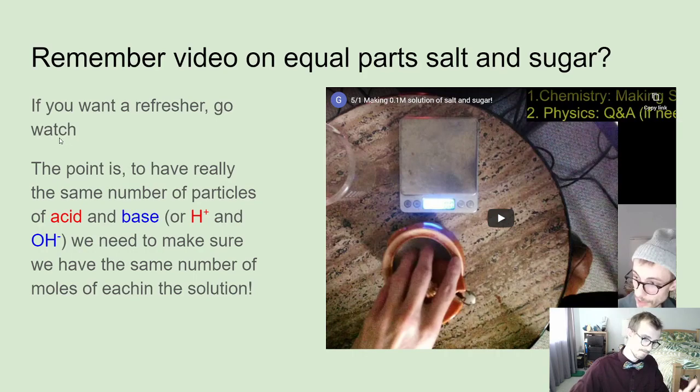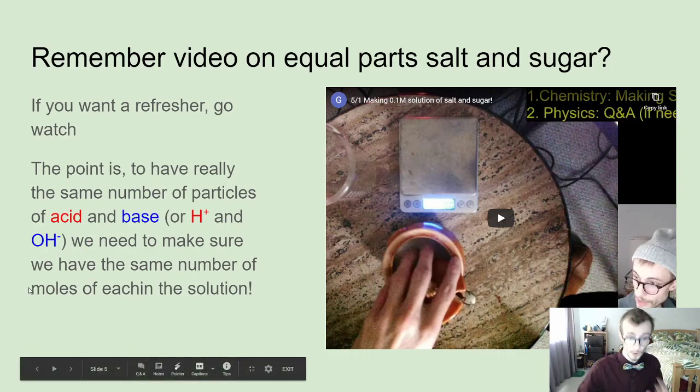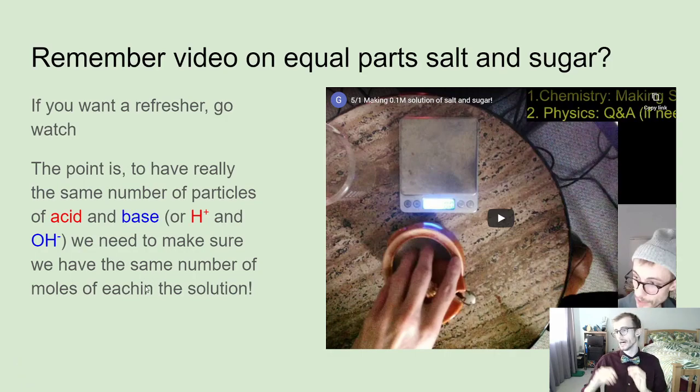But if you just want the main point, essentially, in order to get the same number of particles of acid and base, so I want the exact same number of H pluses and the exact same number of OH minuses, we have to make sure we have the same number of moles in the solution. Oh, there's a bit of a typo there. And so in order to get the same number of moles, we're going to have to pay attention to not only the volumes, but also the concentrations of our solutions that we're adding.